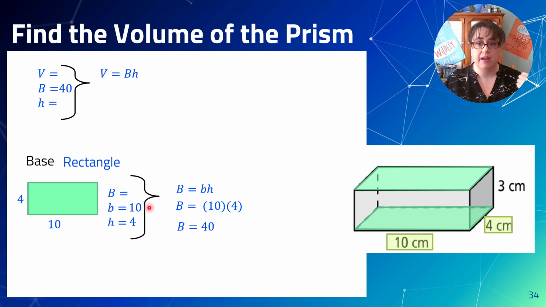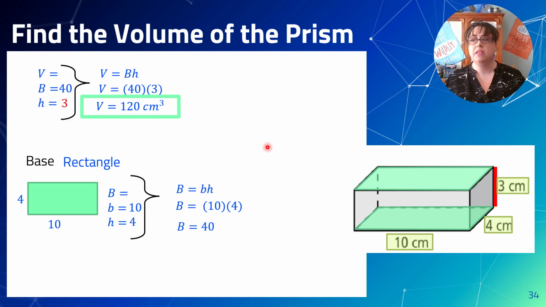So if you look over at the diagram, you can see I've highlighted the bases. And so now I need to connect them up with the height. And the height is 3. So my height is 3. And now I substitute that into my formula, which means instead of B, I put 40, and instead of H, I put 3. And I get 120 centimeters cubed.